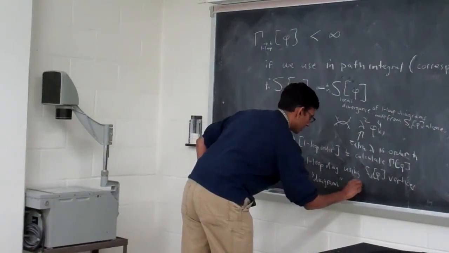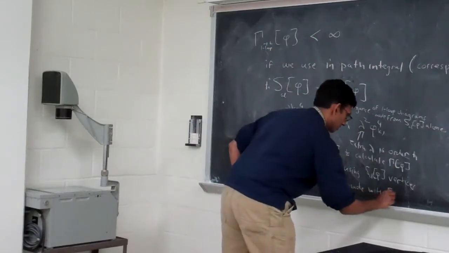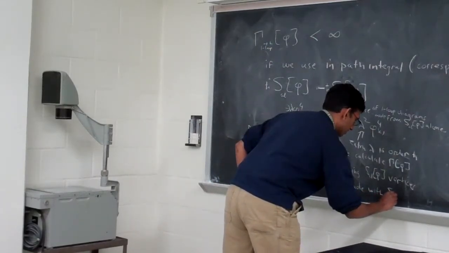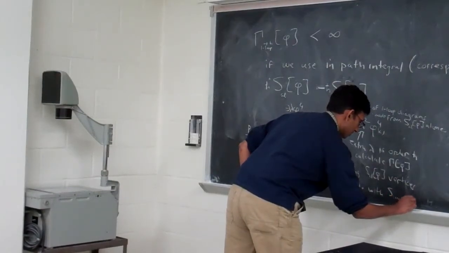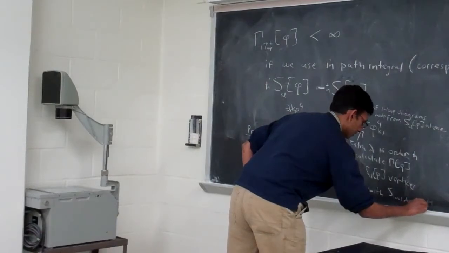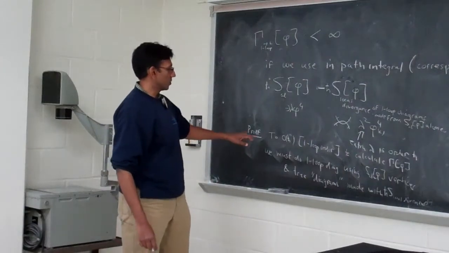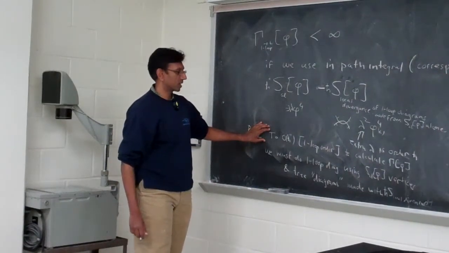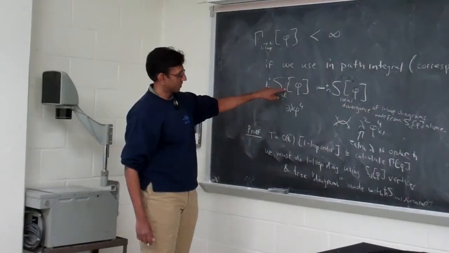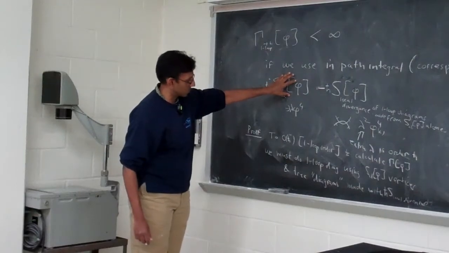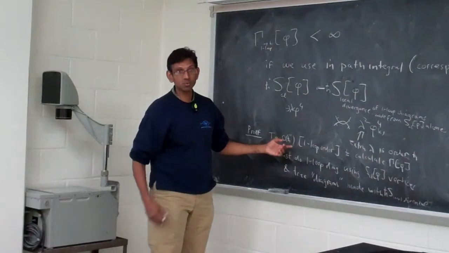made with S local. We're working to such a low order when we calculate one loop diagrams that we can use the tree level diagrams here, the vertices from here, and the process of forming a loop introduces an h bar, as we've already gone through.